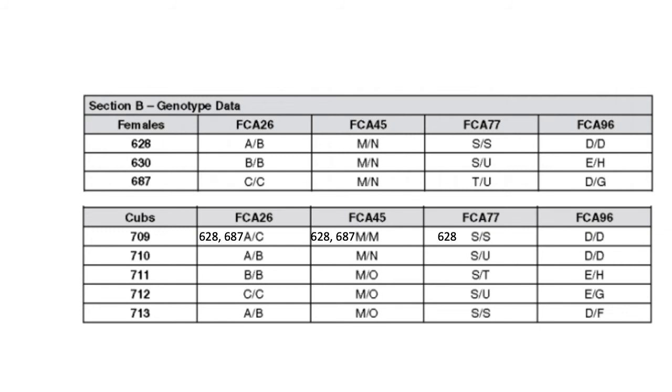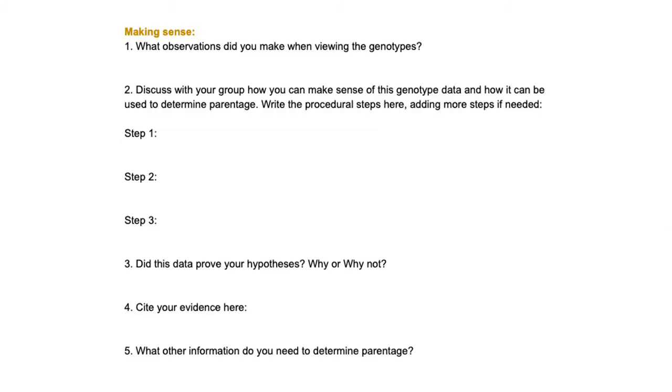But we know 630 is not the mom because we couldn't have gotten that in FCA 26 because 630 doesn't have an A or a C. So that means that now we've narrowed it down to 628 because we can knock off 687 because there's no S's. She has a T and a U. So that means all we have left is 628. So now we figured out that Cub 709's mom is the female 628.